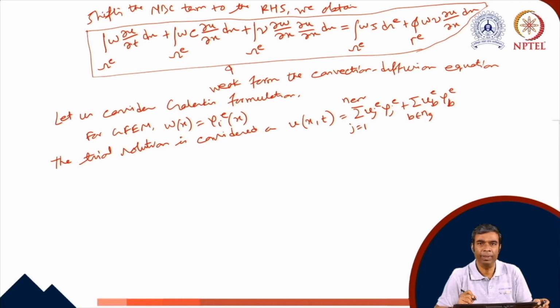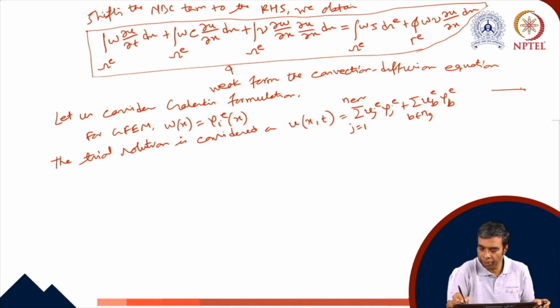Here nen represents the number of nodes per element. For a two-noded bar element, we have local nodes 1 and 2. So this is an arbitrary element E, and here our nen equals 2. Eta g is the set of EBC nodes.